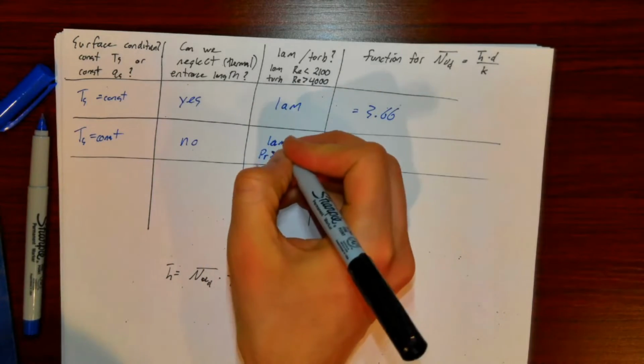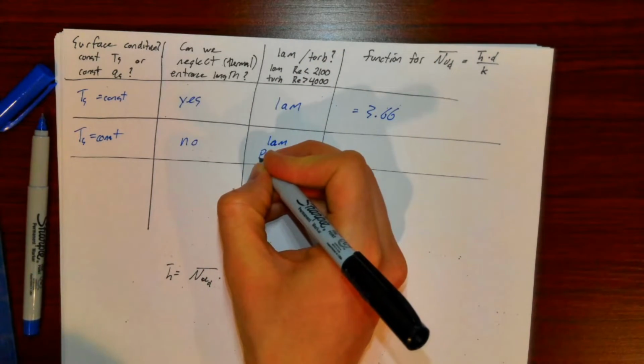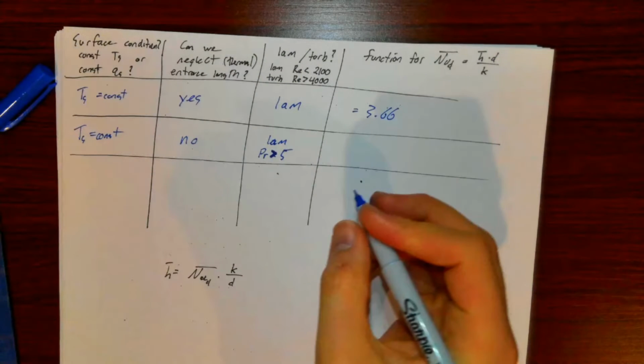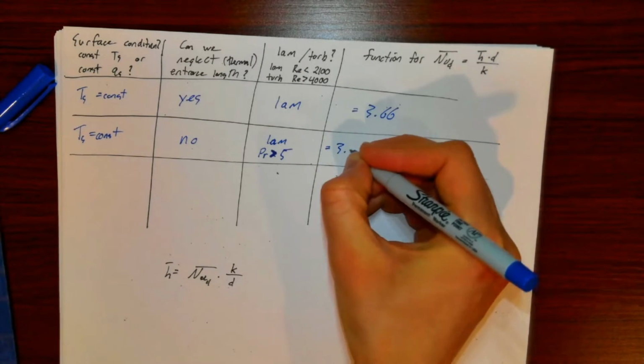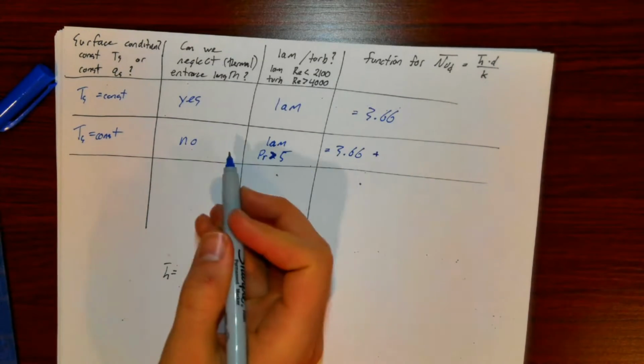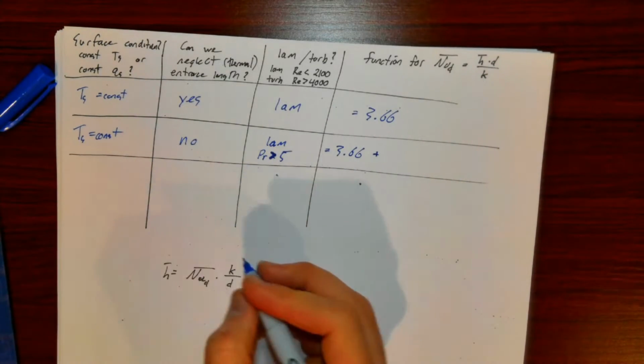So if we have this particular scenario, laminar and a Prandtl number of greater than 0.5, we just have an extra criterion for Prandtl number. It turns out that Nusselt number is equal to 3.66, similar to before, plus essentially a correction factor to account for the thermal entrance length.